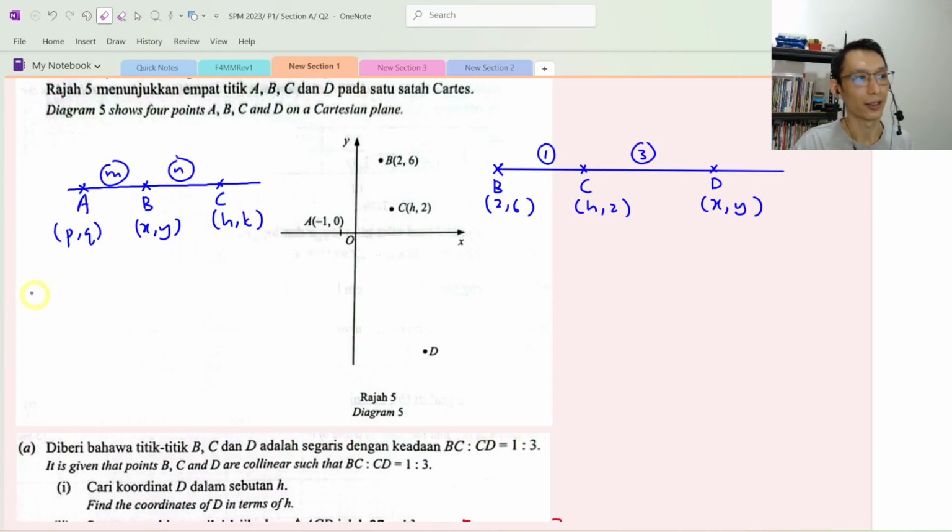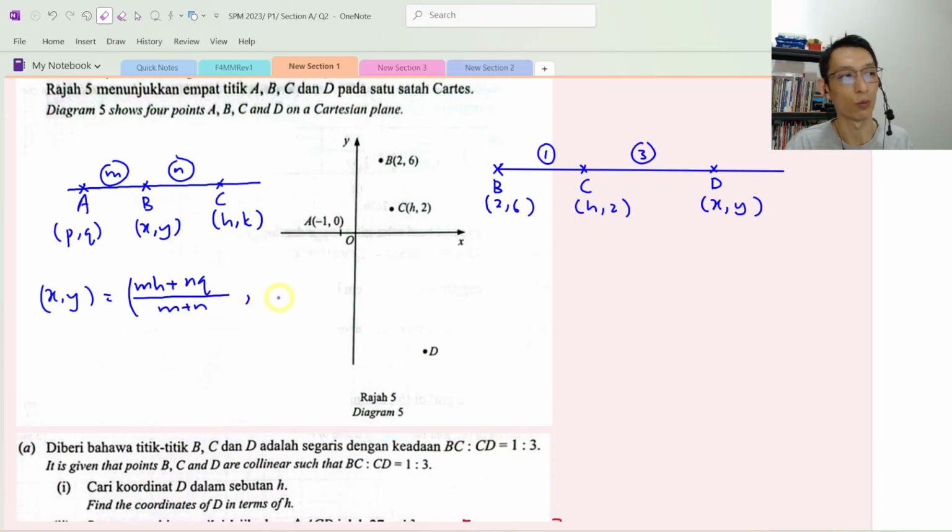So we know that x, y is equal to, focusing on the x coordinate first, m times h plus n times p, divided by the sum of these two numbers.